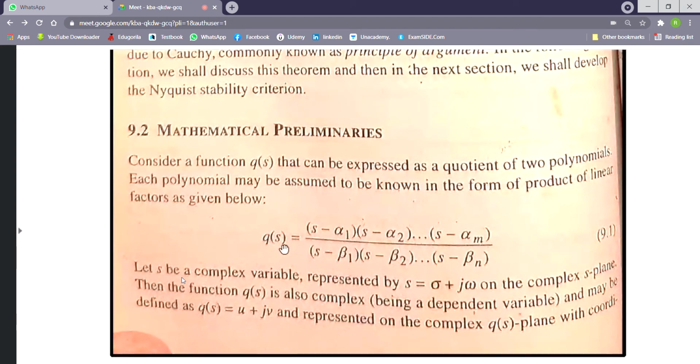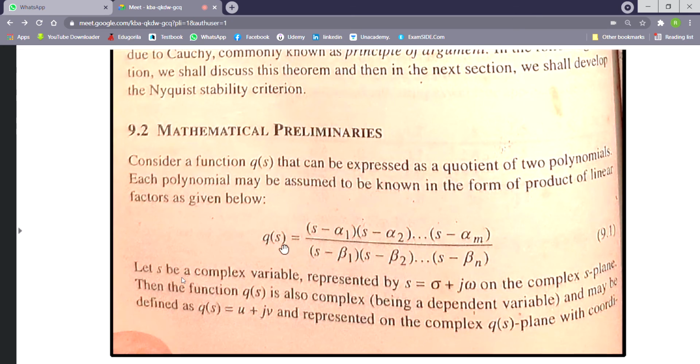Is the statement 100% correct? Please answer this question. No, ma'am. Ma'am, for any value, it is not possible. But if S is equal to a complex, then it will be complex. No, that is not the correct answer.